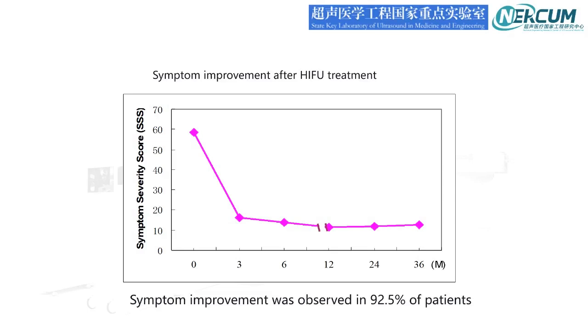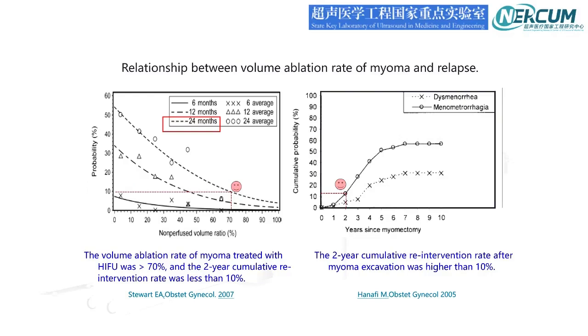The U.S. had an epidemiology survey on normal females locally, and their score is around 20. Therefore, 3 months after HIFU treatment, their menstrual situation has recovered to the normal level, and this can be maintained for more than 36 months.